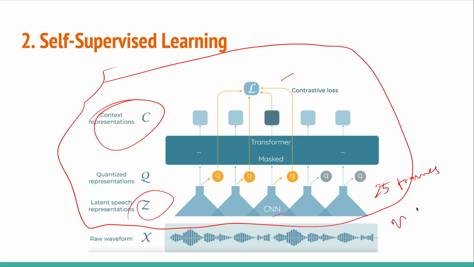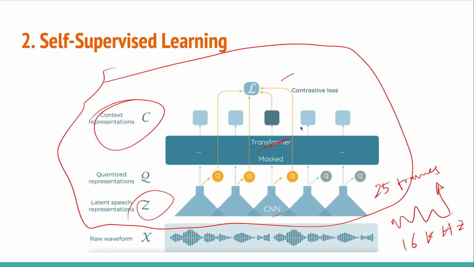So this is our audio. This will be 16 kilohertz, and we are drastically reducing the number of samples. And this Z is fed to something called the contextual network. Here it is shown as a transformer network, and this transformer network will output something called the contextual representation, which is again a sequence of vectors.